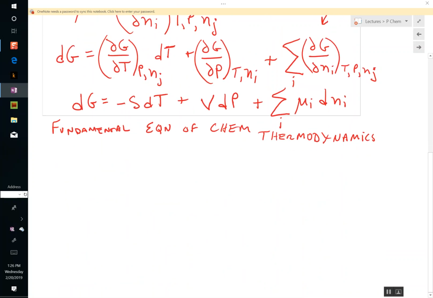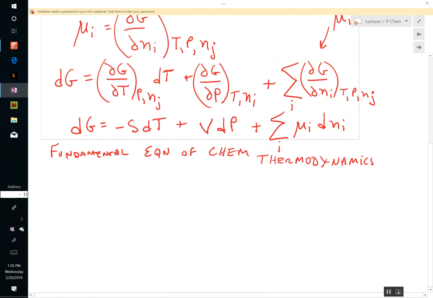So in this case, mu i, like the sum of mu i, how would you calculate that? So you're saying there's three different things in the system, and there are changes in moles. I'm kind of confused on just the last term.